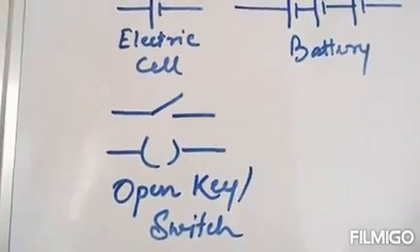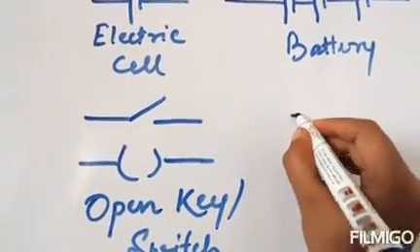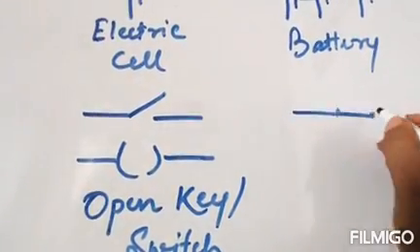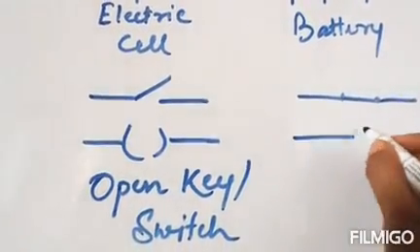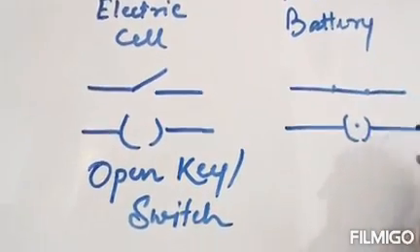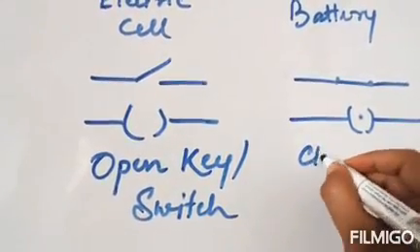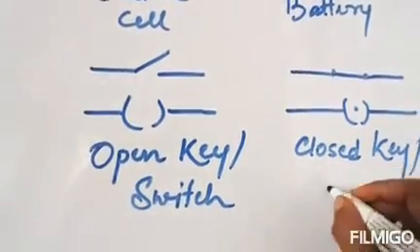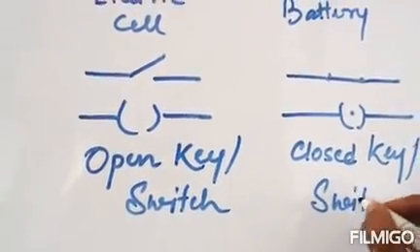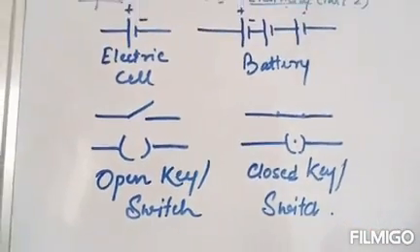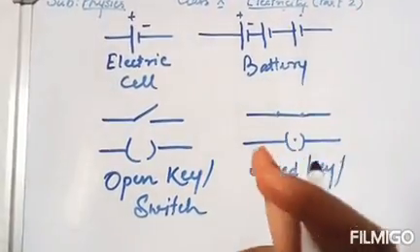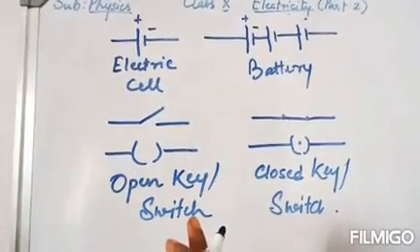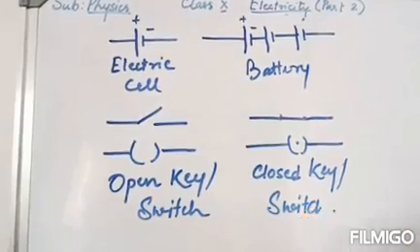And what will be the closed condition? This is the closed key or switch. Understood? So, four things we have learned: electric cell, battery, open key or switch, closed key or switch.